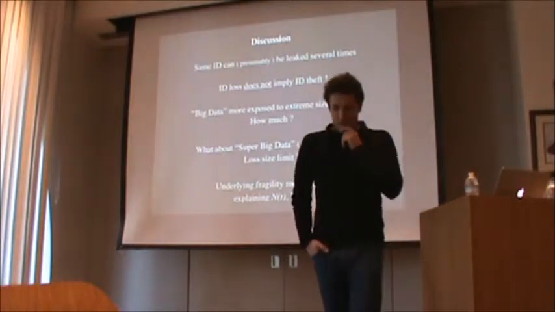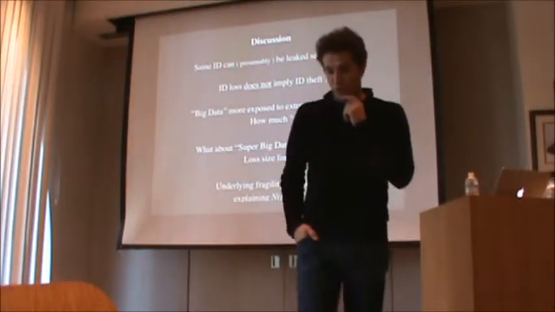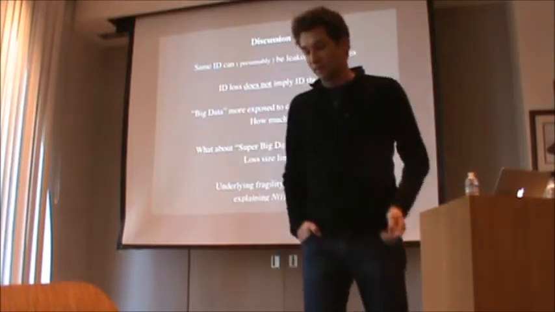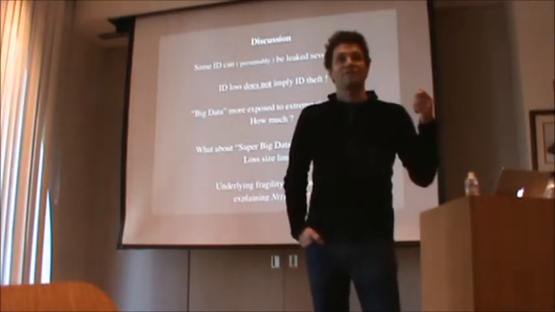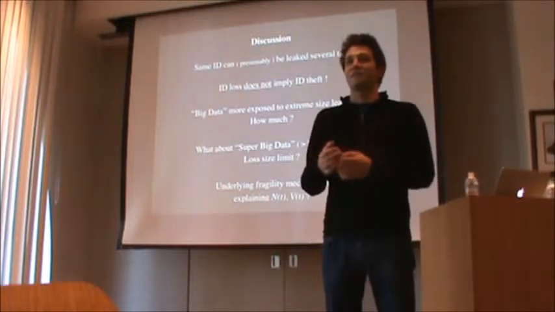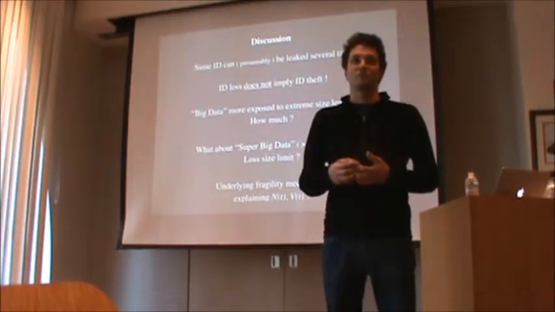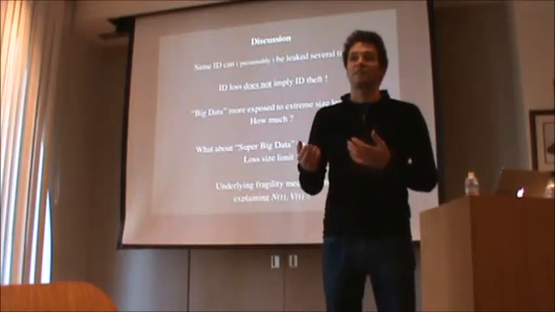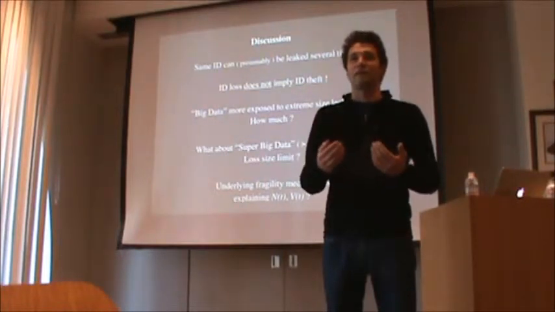There's an obvious conclusion we can discuss: of course we have very big events, but if you want to steal 100 million IDs in one event, you're better off finding databases that are at least as big as that.